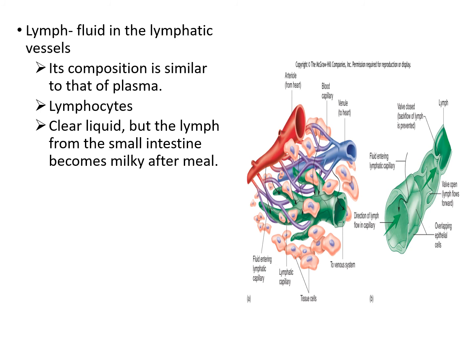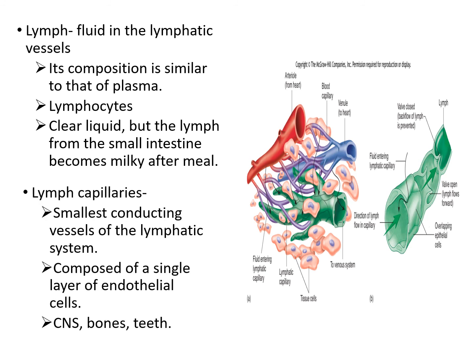Other than that, what are the contents of the fluid in the lymphatic vessel? We have the lymphocytes, and then normally the excess fluid in the small intestine after a meal is also absorbed by the lymphatic system.